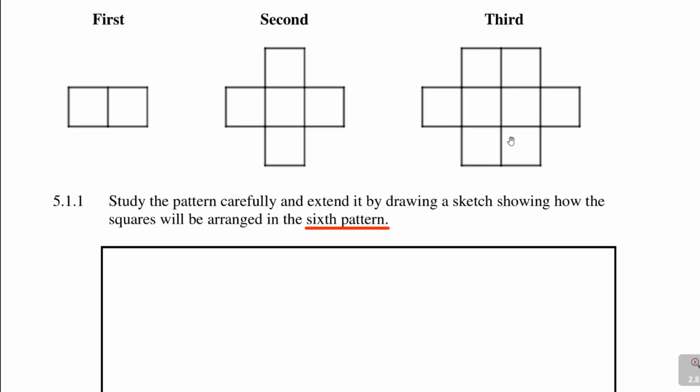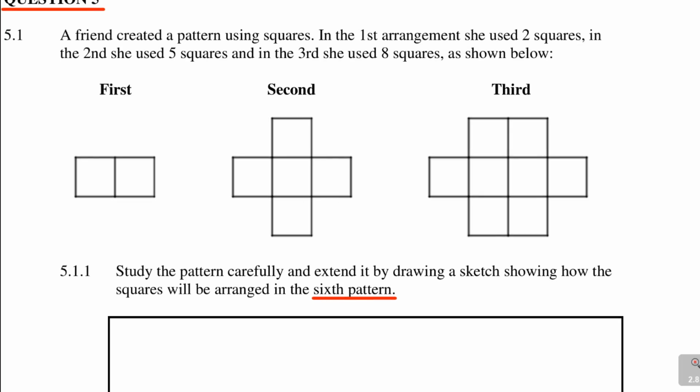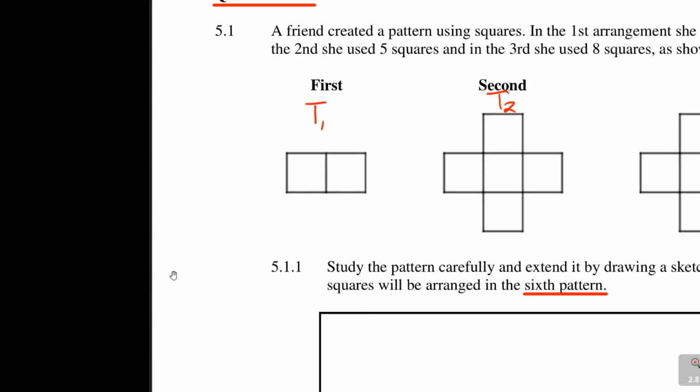So what you can do here, I think you can see what we have first is our T1, that's term 1. Second we're going to call our T2, and third we're going to call our T3. Are you with me? So I have T1, T2, T3.